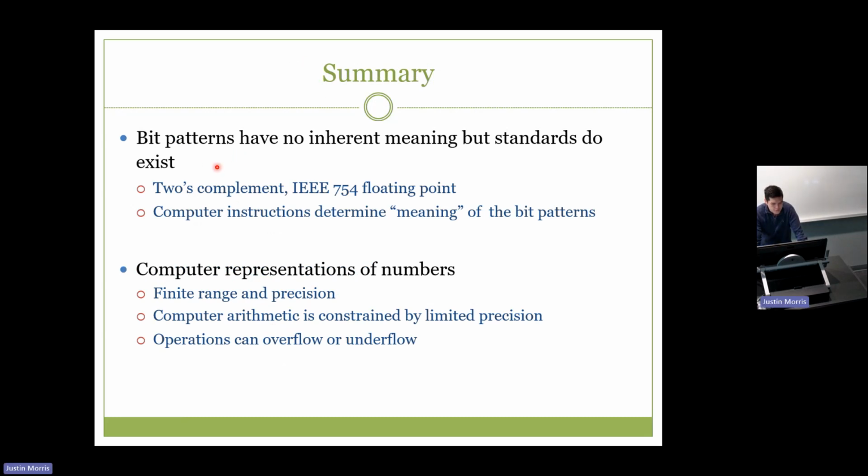So in summary, for the entirety of floating point, we have these bit patterns that have no inherent meaning, but with standards, we give them meaning. We went over two's complement, and we also went over IEEE floating point formats. The computer instructions, along with the standards, determine the meaning of the bit pattern.